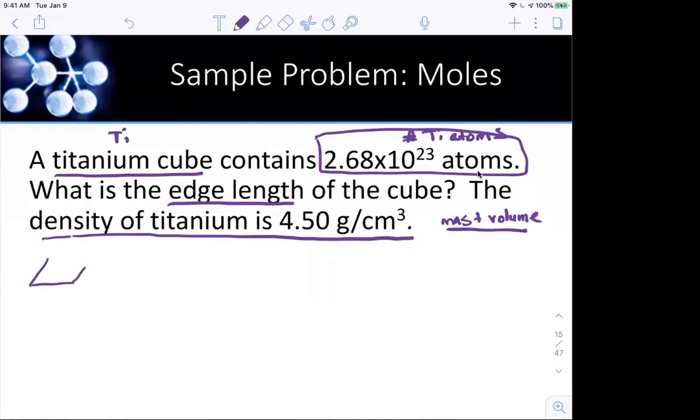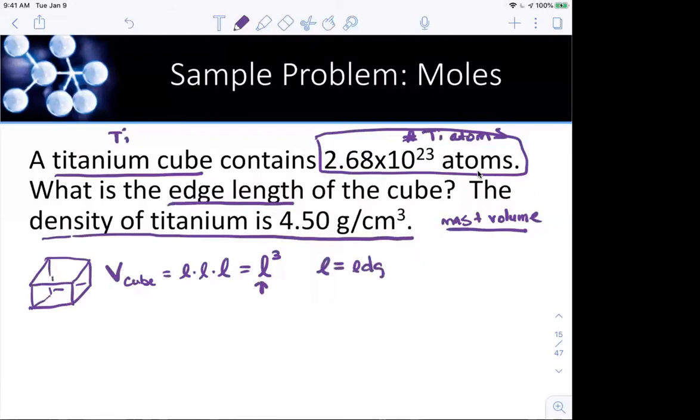Well, if we draw out a cube, remember the volume of a cube is equal to length times length times length, or length cubed. That's my volume of the cube, right? So this is the formula that's going to give me my L, because my L is equal to the edge length of the cube. So that's what I ultimately want to figure out.